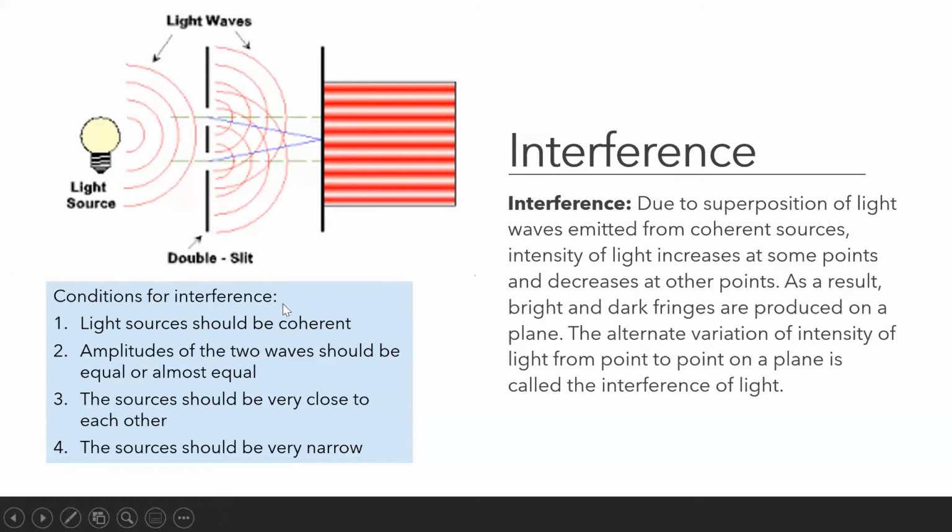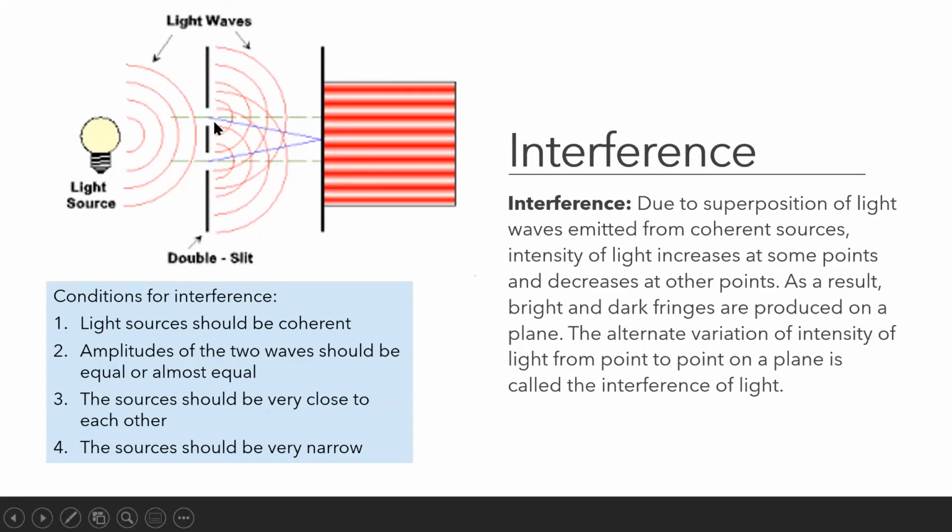The conditions for interference. The first condition is that light sources should be coherent. So in order to get coherent sources, we use the same source of light and divide it into two different sources. Then the amplitudes of the two waves should be equal or almost equal. And the sources should be very close to each other.